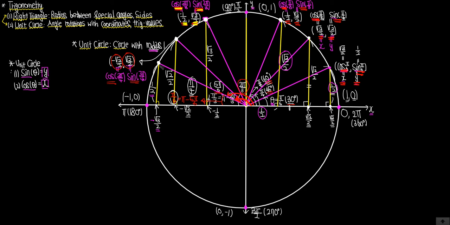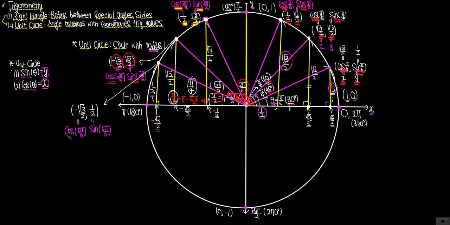So the x coordinate will be negative square root of 3 over 2, and the y coordinate will be positive 1 over 2. Negative square root of 3 over 2 is the cosine value for our main angle, 5 pi over 6, 150 degrees. 1 over 2 is the sine of our main angle, 5 pi over 6, 150 degrees.